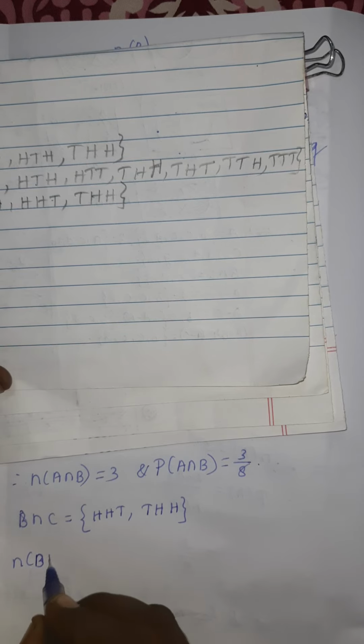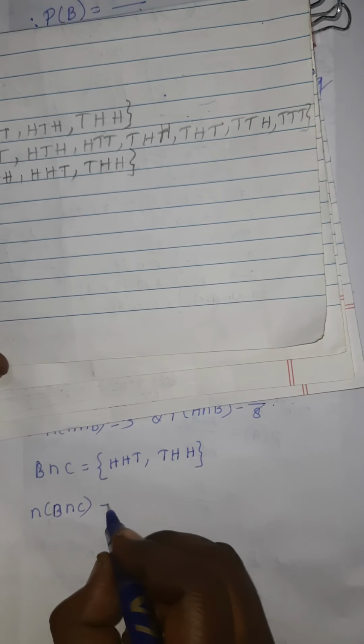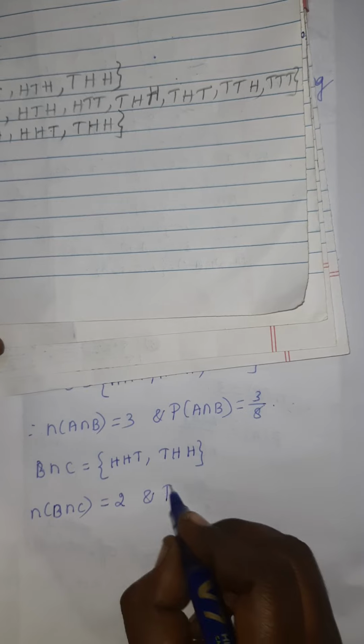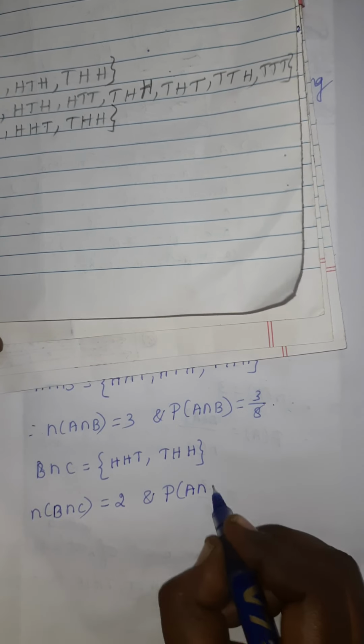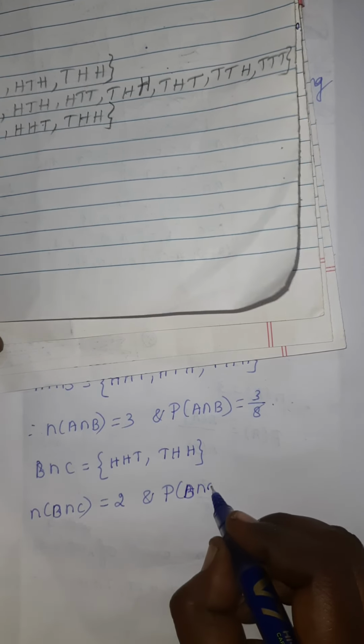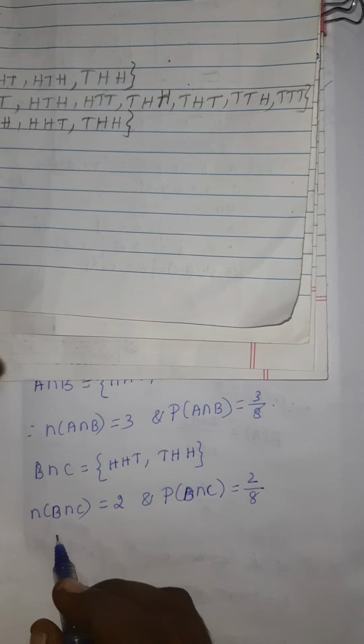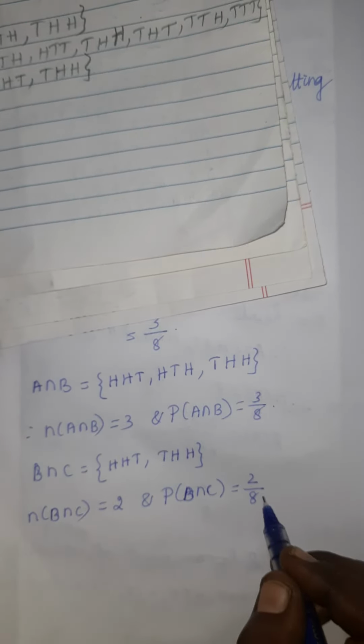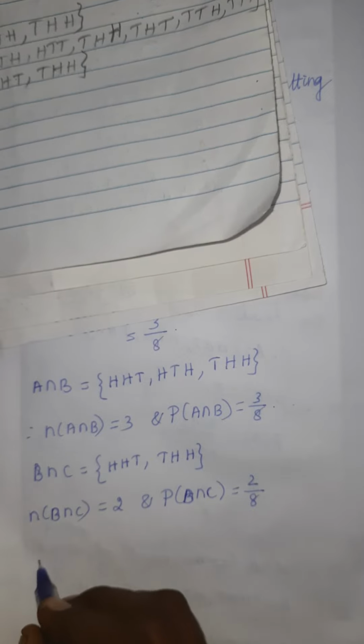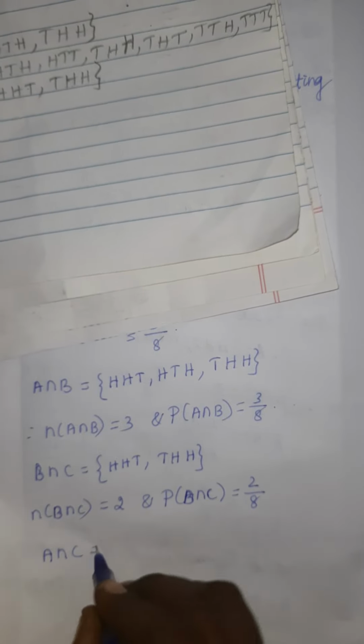N of B intersection C, only 2 elements, and P of B intersection C is equal to 2 by 8. Don't reduce this, since we need the calculation, so don't reduce now.